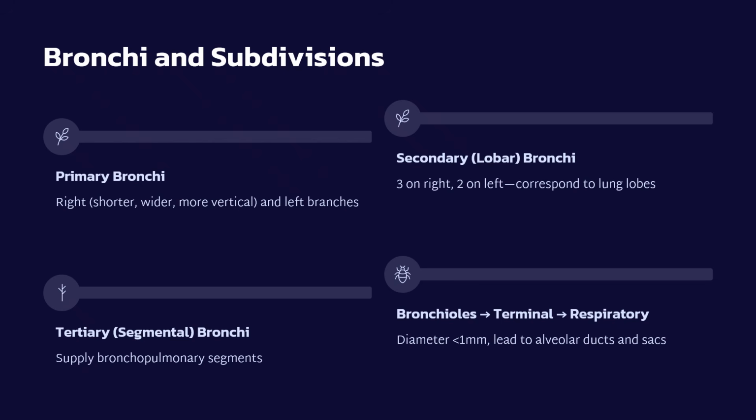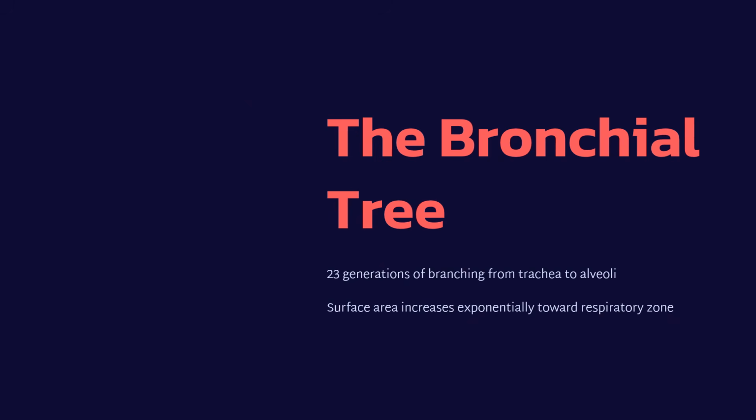And after your tertiary bronchi, we will have your bronchioles, then we have terminal and respiratory bronchioles, wherein the diameter is less than 1 millimeter, which lead to your alveolar ducts and sacs. So in the bronchial tree, we have 23 generations of branching from trachea to your alveoli. So the surface area increases exponentially towards your respiratory zone.